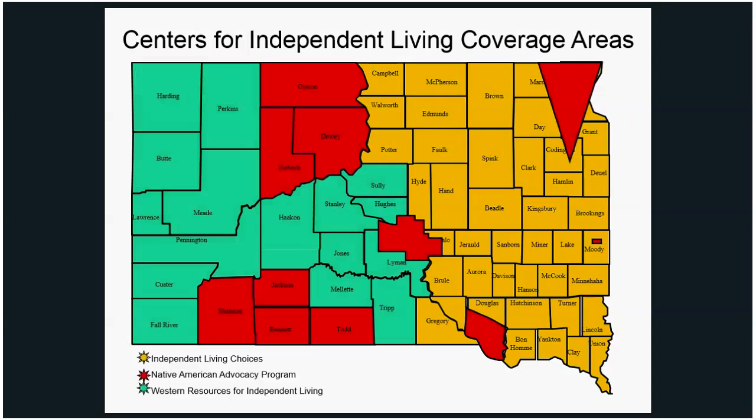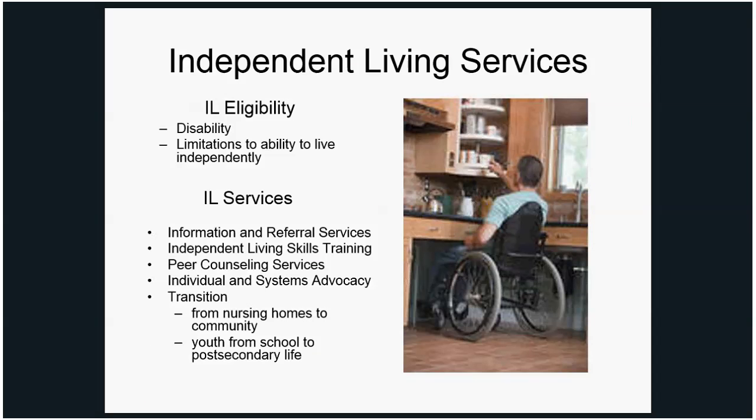Next slide gives a little bit of information on eligibility for independent living. The person must have a significant physical, mental, cognitive or sensory impairment, must have substantial limitations in their ability to function independently in the family or community, and they must have the potential to improve their ability to function or continue functioning, moving towards functioning independently in the family or community.